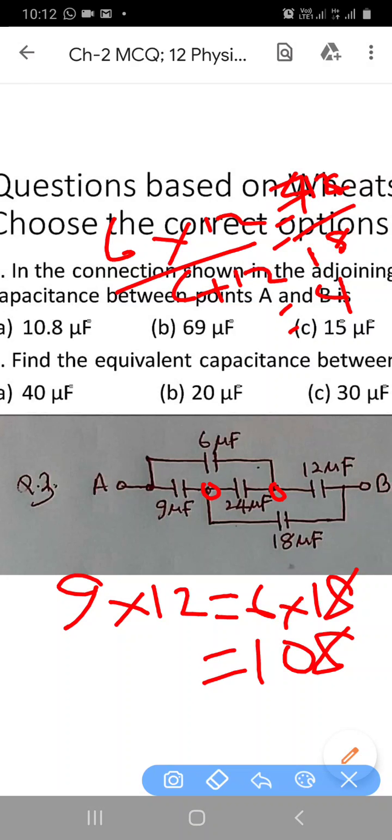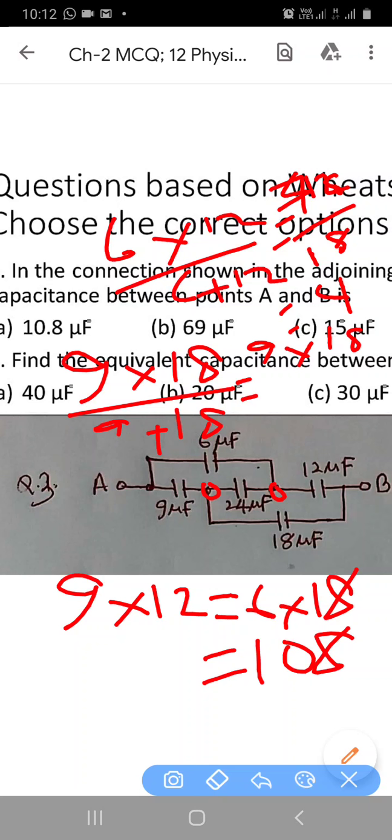Now 9 and 18 are also in series, so 9 into 18 upon 9 plus 18, that is 9 into 18 upon 27, so 9 threes are 27 and 3 sixes are 18, so 6 microfarad.